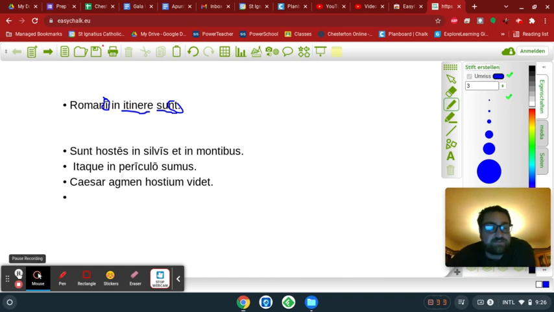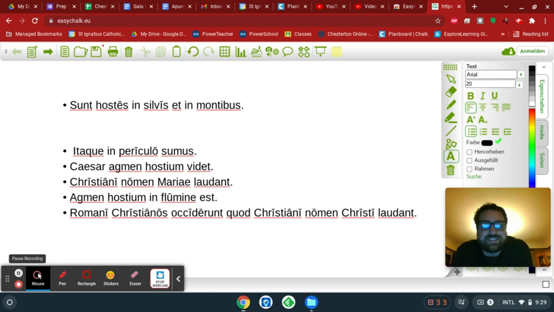It doesn't really matter. All right, our next sentence says, sunt hostes in siluis et in montibus. So again, anytime we see a sentence that starts with an est or a sunt, it's probably saying there is or there are something, because otherwise we tend to see est and sunt at the end of sentences. Sometimes you can see them in the middle of sentences too, but when you see them right away beginning a sentence, that's probably what you want to think.